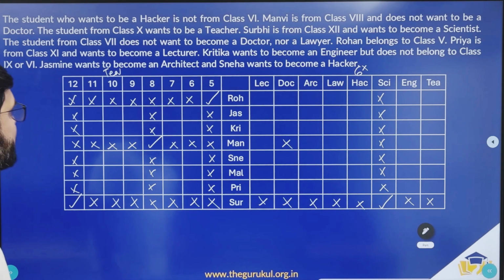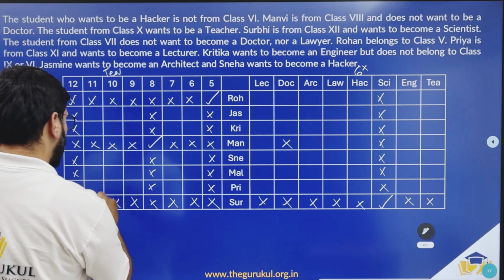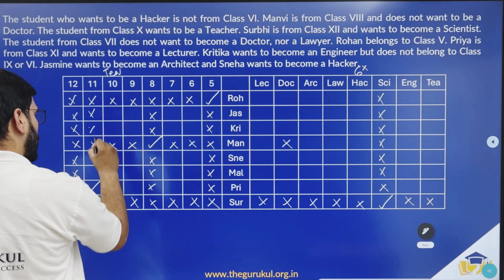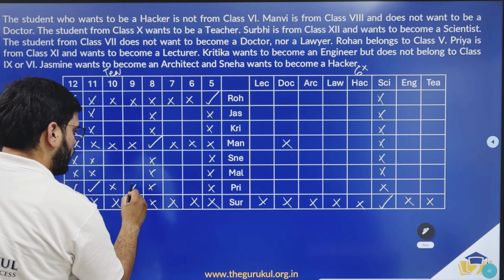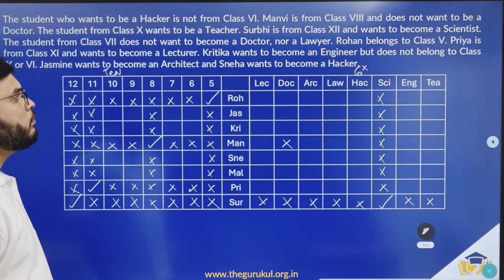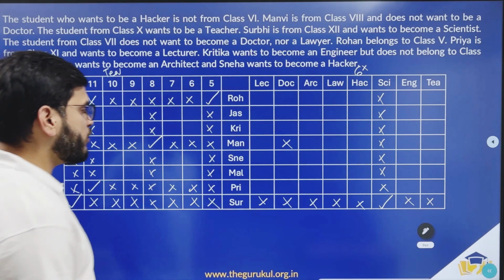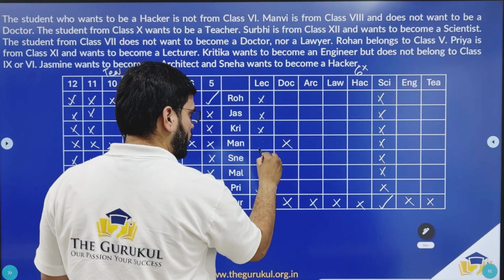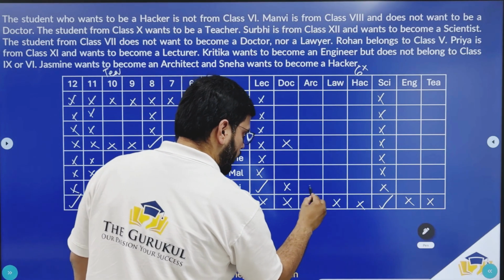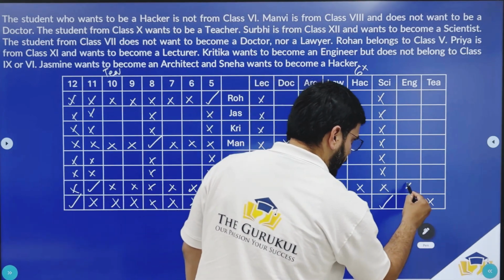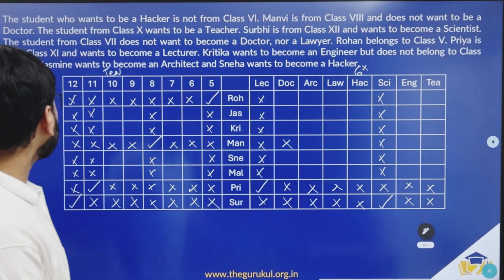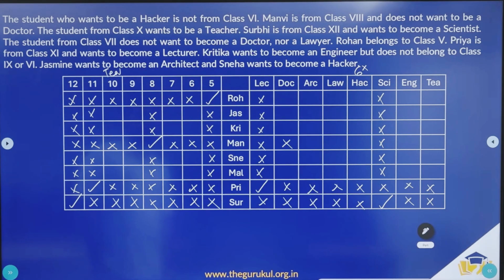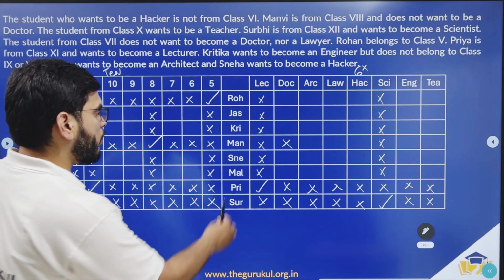Priya is from class 11 and wants to become a lecturer. Done. Kritika wants to become an engineer.